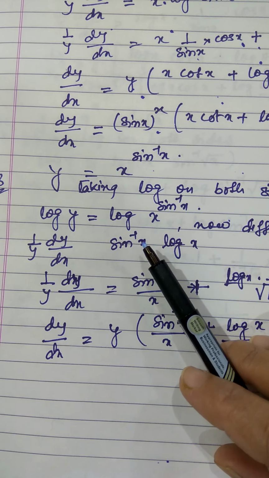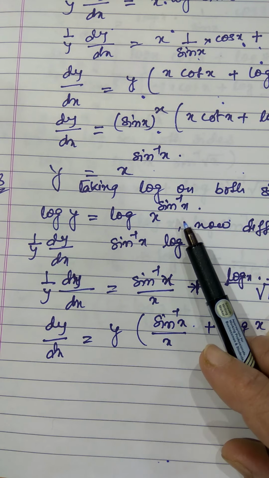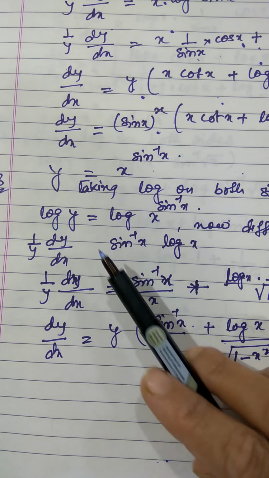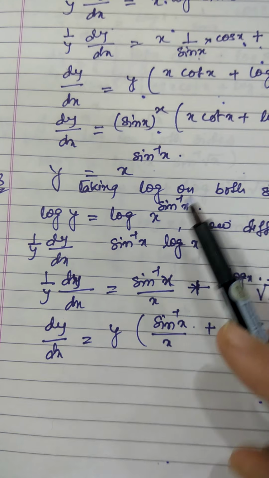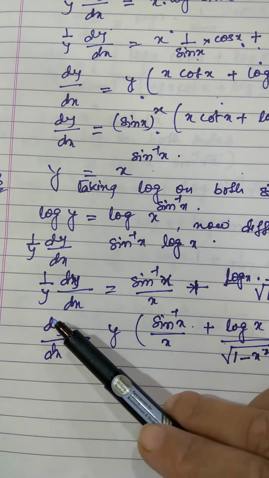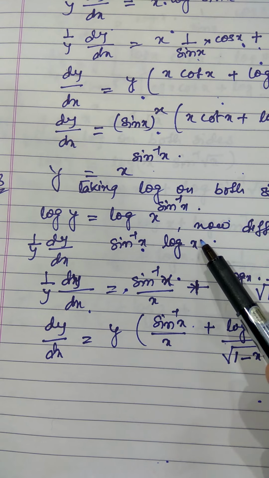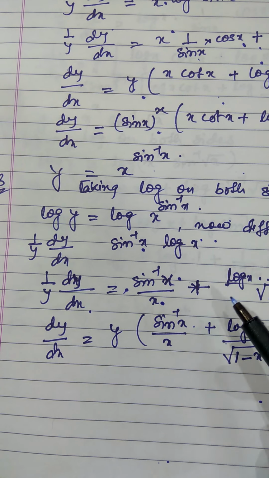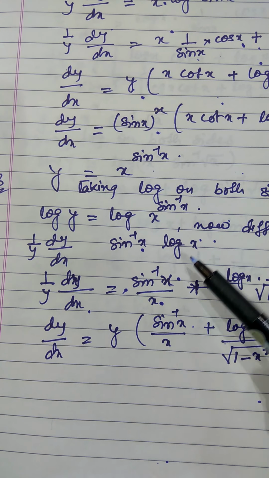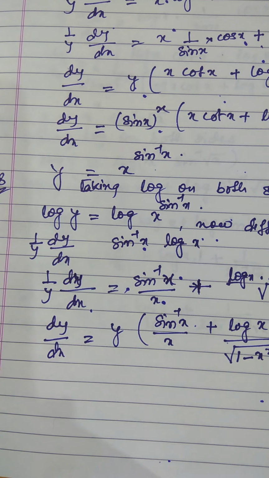So log y is log x raised to the power sin inverse x, so log y is sin inverse x into log x. 1 upon y dy by dx is equal to first function, that is sin inverse x, into derivative of second, that is 1 upon x, plus second function into derivative of first, and then again cross multiply y to this side.